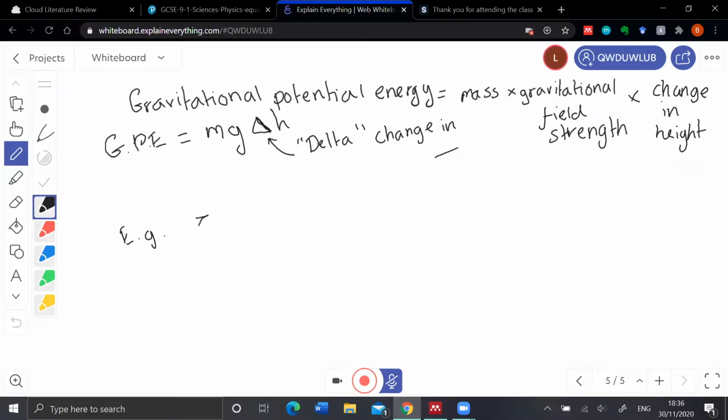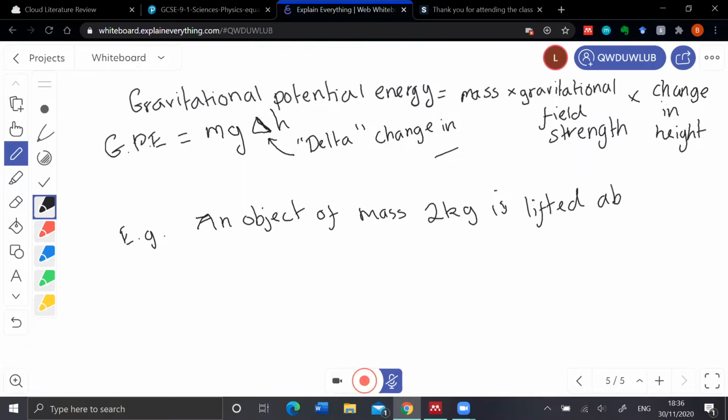So an object of mass 2 kilograms, so a smaller box of chocolates, still quite big though, or biscuits, something, is lifted. I did see a 1 kilogram box of biscuits yesterday, so just 2 of those. It's lifted above the ground by 3 meters.